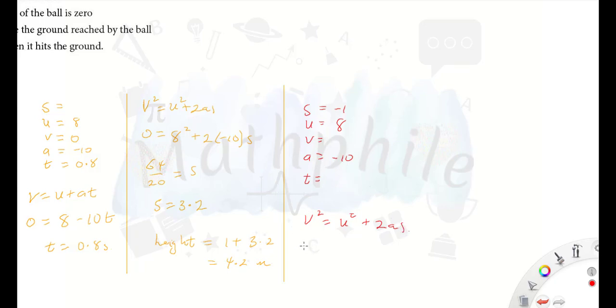The u squared is 64, and the a is negative, so let me just write a negative. It's still a positive. 20s.